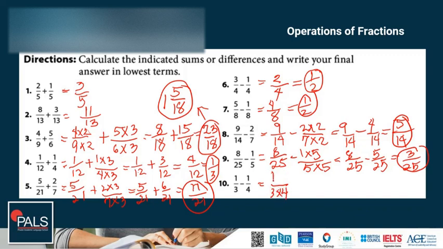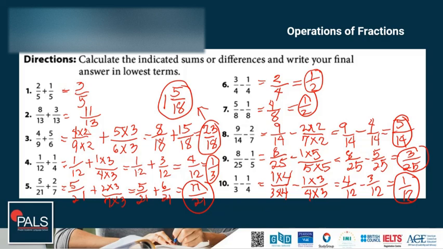So we need to multiply the numerator by 4 as well, minus 1 times 3, because multiplying 4 by 3 is the same as 3 times 4. So the answer is 4 over 12 minus 3 over 12. The answer is 1 over 12. How many correct answers did you get?